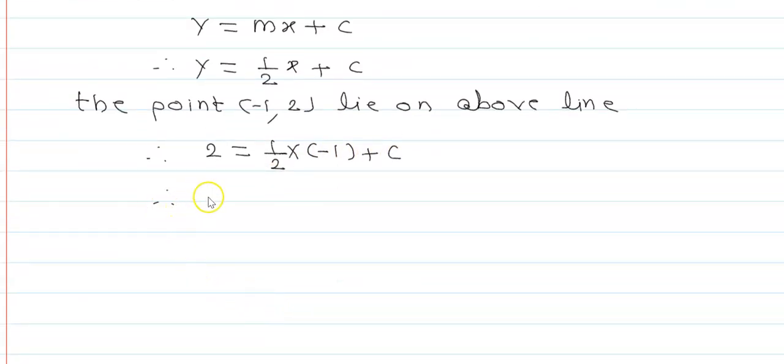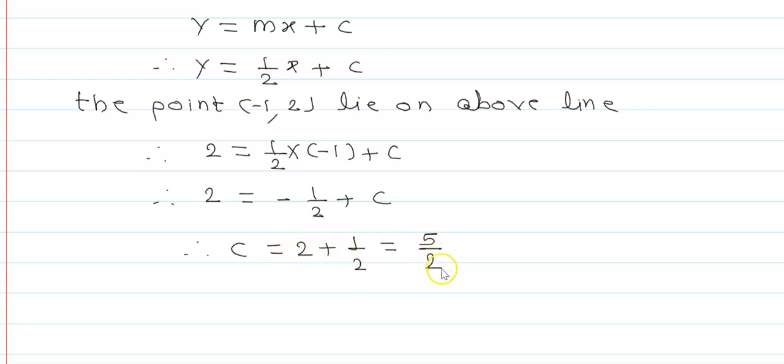And therefore, 2 equals minus 1 upon 2 plus c, and hence c equals 2 plus 1 upon 2, that is 4 plus 1 is 5 upon 2.